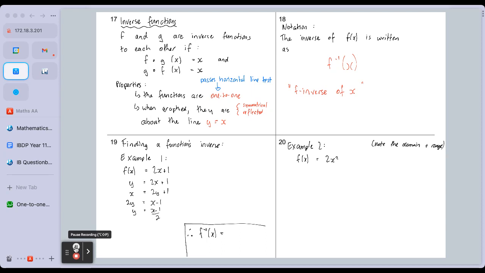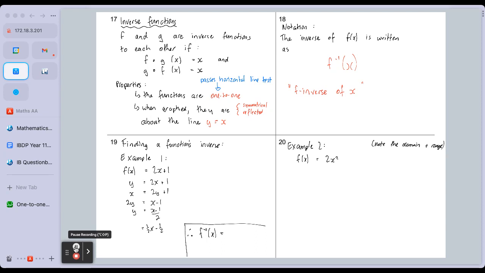And if you got that, that's fine. It might be argued that it's slightly better to have it as a half x minus a half, because then it's like a gradient of a half and a y-intercept of minus a half. So it's clearer in terms of the mx plus c notation, arguably.